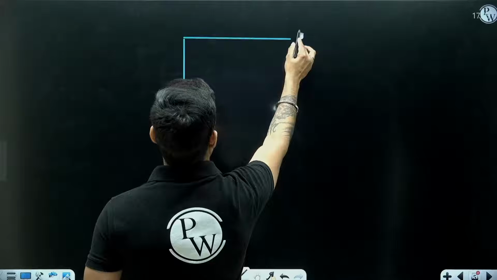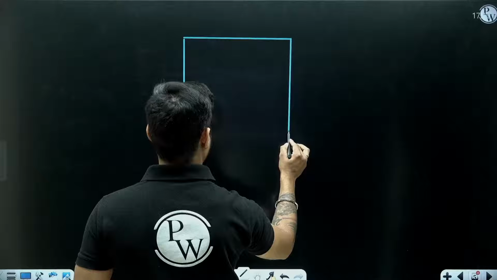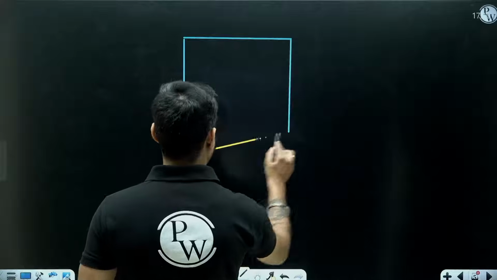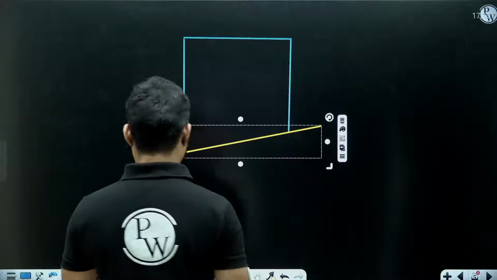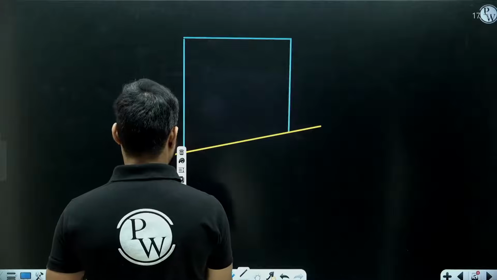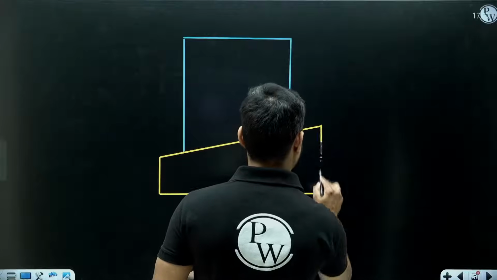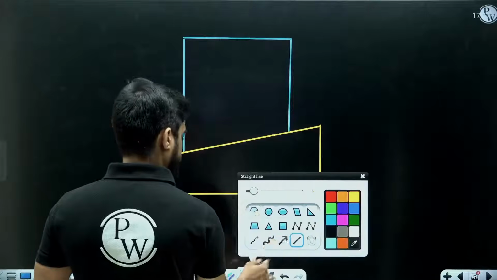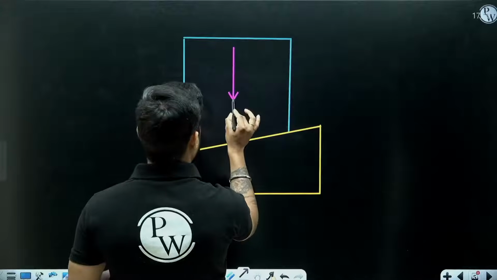So this is our block of 1000 Newton. And this is our wedge. Now, for the 1000 Newton body, this will be the weight.